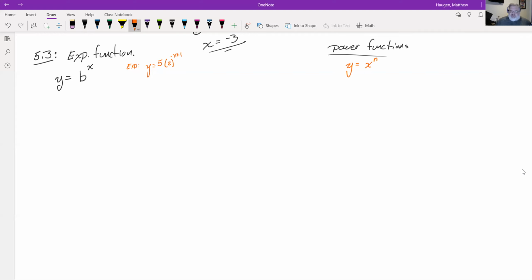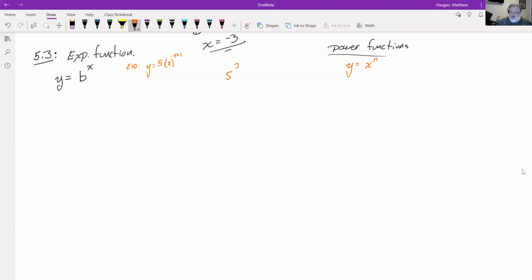The big distinction between exponential functions and power functions: they both contain the phrase exponent and power. We think of exponents and powers as being interchangeable, and they sort of are. If I have 5 to the third, that's 5 to the third power, and that 3 is an exponent.